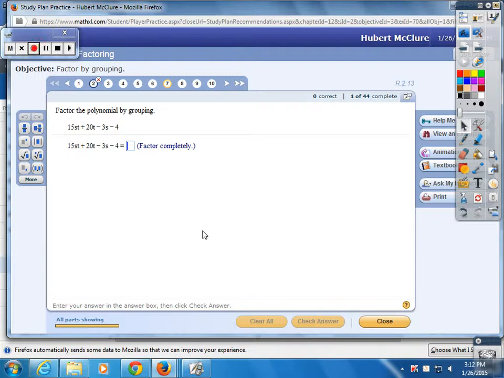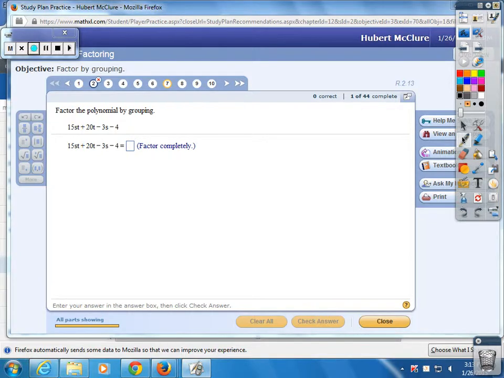I don't know, but let's do this one. So we could factor out that 3 and that s. Let's try that. 15st minus 3s plus 20t minus 4.